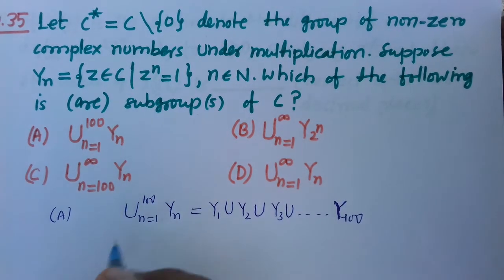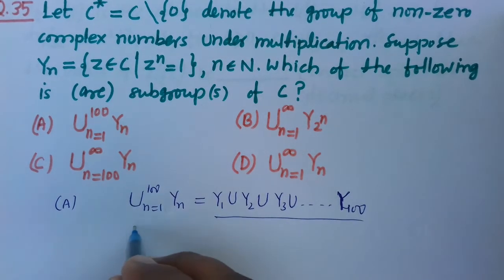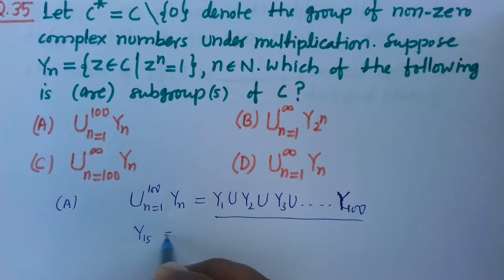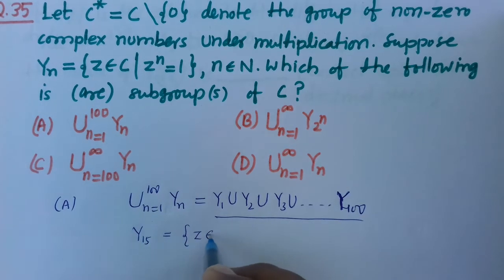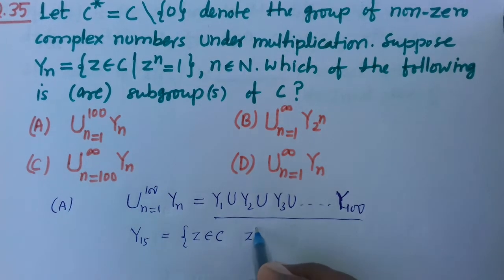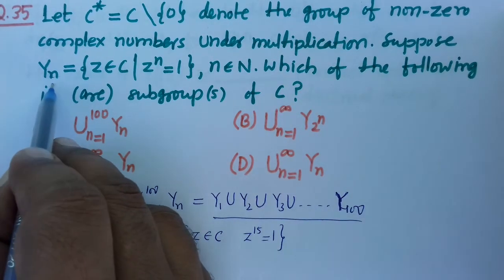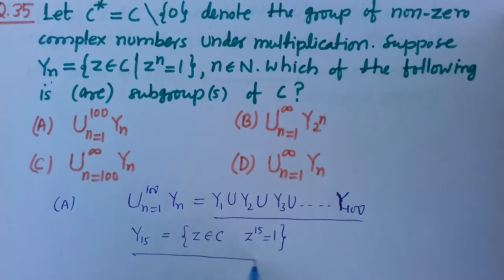Now suppose we take two among these, one Y15. Then this set is z belongs to C, and z to the power 15 equals 1. According to this, if you put n equals 15, then you are getting this.